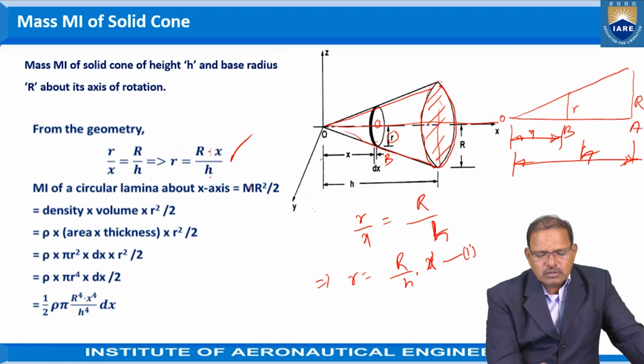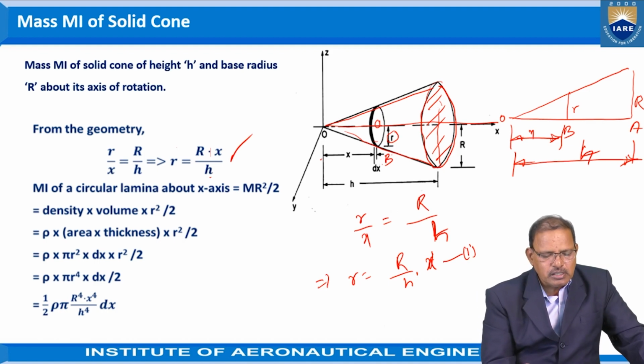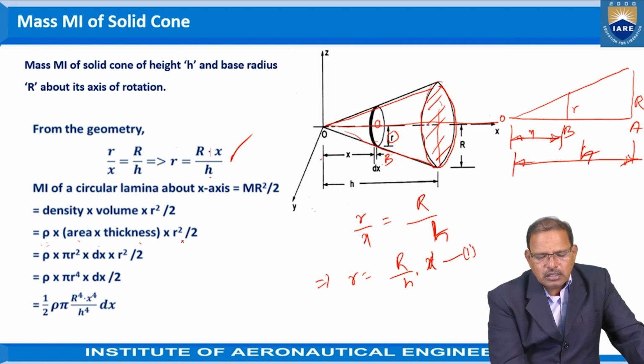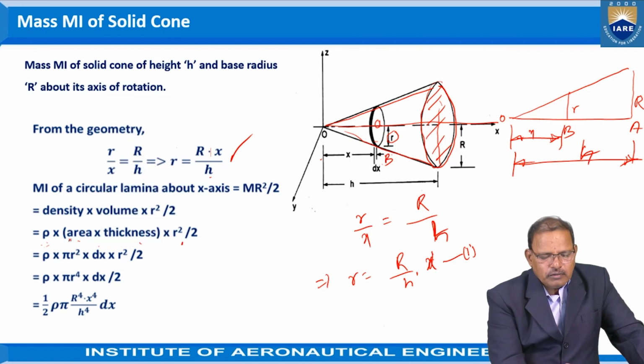The mass is volume multiplied by density, or area multiplied by thickness multiplied by density. So it is rho into area into thickness into r square by 2, that is rho pi r square dx into r square by 2, which is rho pi r to the power of 4 dx by 2.